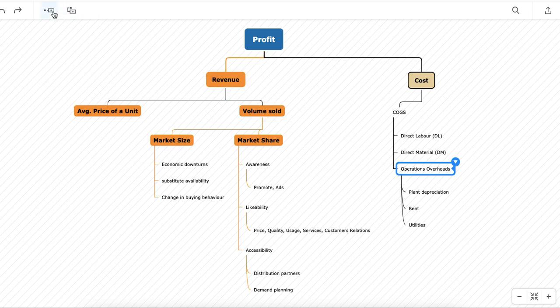If you are using some machinery, let's say you are producing pens, then machinery related depreciation will also come here.